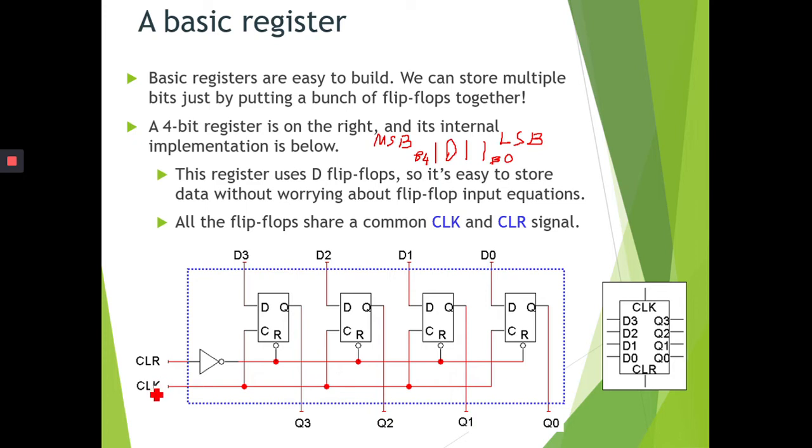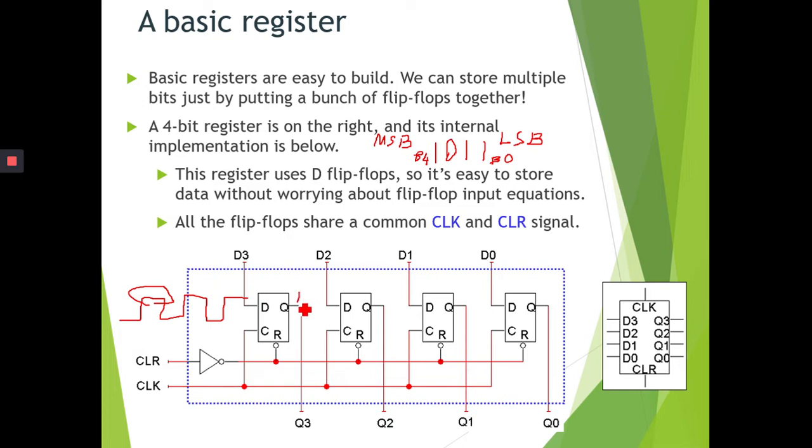As we can see, this is the clock. As the clock goes high, it is going to update the data. So every time the clock is high, it's going to read the data here. For example, it is 1011. When the clock is high, it's going to update the data here.